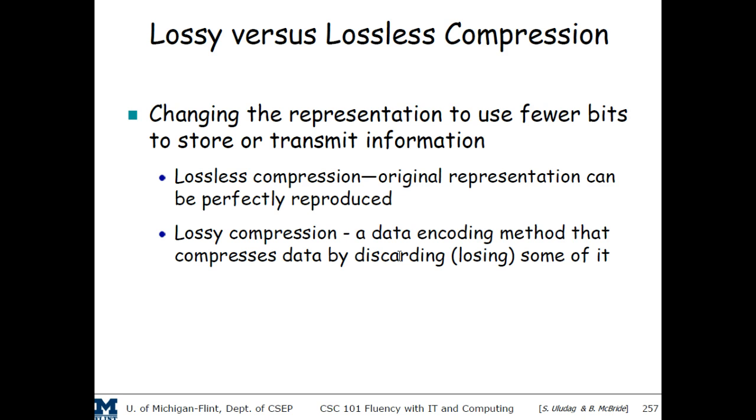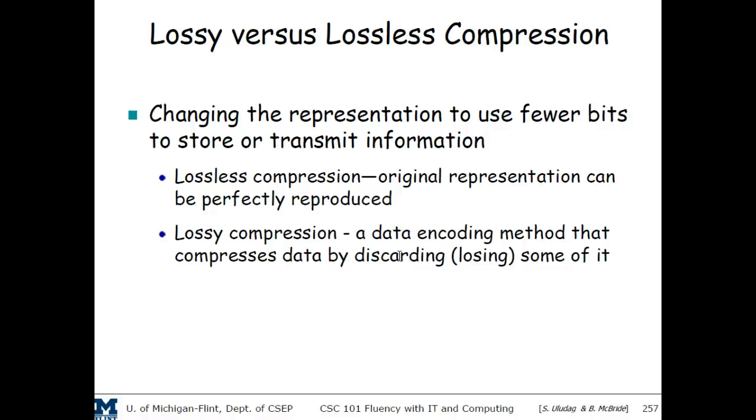Before I get into the JPEG, I do want to spend a moment explaining the importance of the two main types of compression algorithms. They are lossless and lossy compression algorithms. We talked briefly about a lossy compression algorithm for audio. Let me give you the comparison of the two.